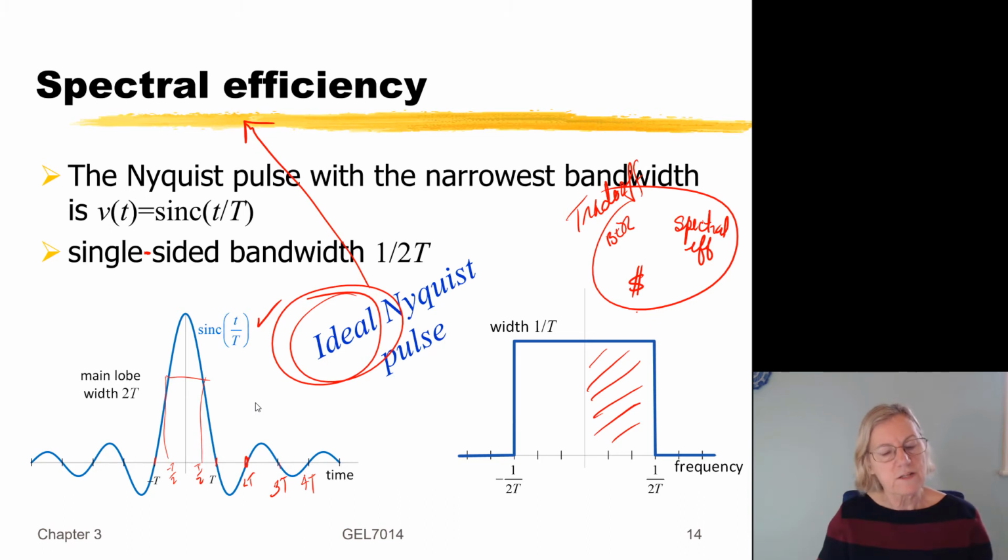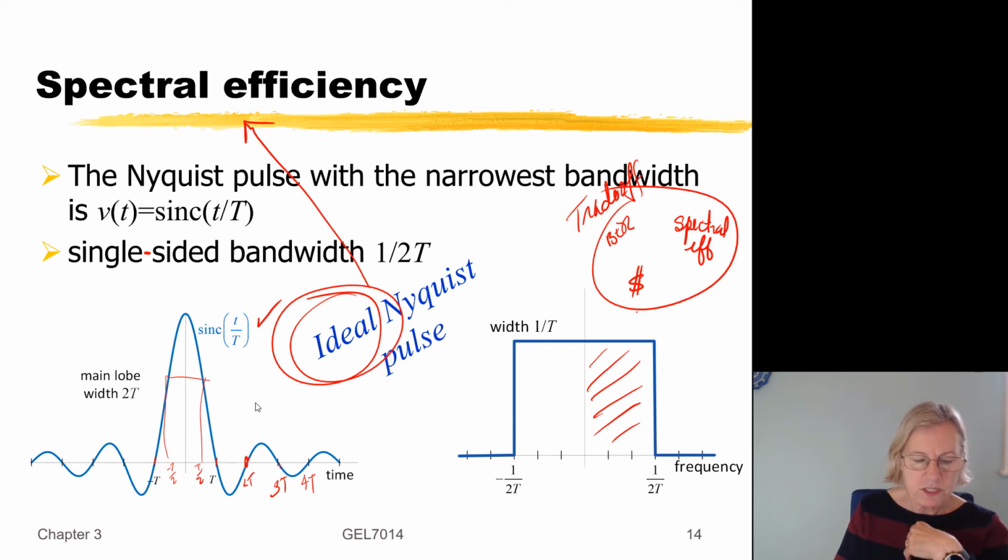And we're going to want to be balancing those. When we compare things, we'd like to have some sort of benchmark for spectral efficiency. So when we talk about modulation formats in the next weeks, we're going to be talking about the spectral efficiency of all of these different modulation formats. We're going to compare them based on the assumption that we have used the most spectrally efficient pulse shape that we could.